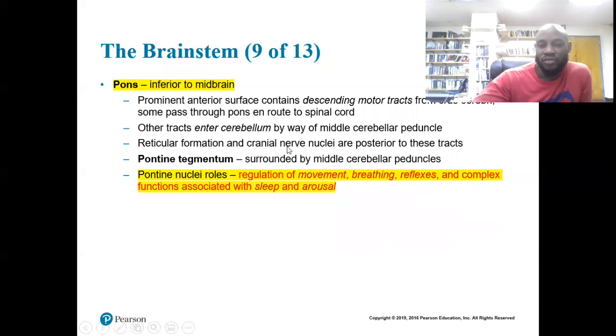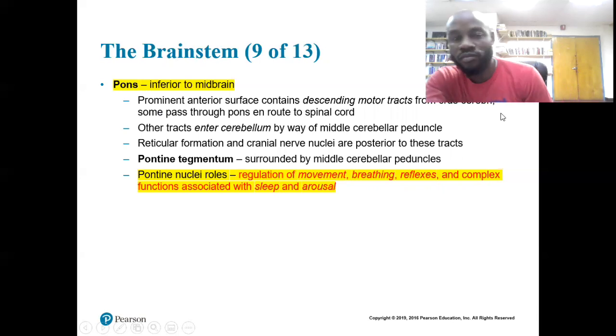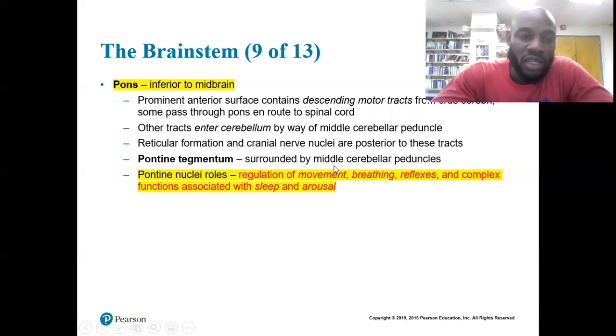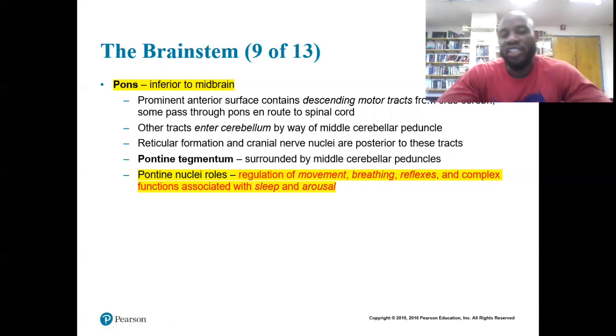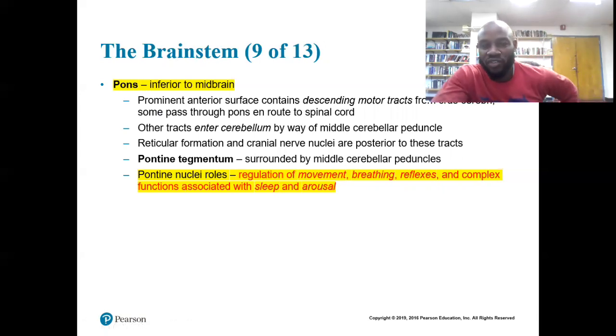Reticular formation and cranial nerve nuclei are posterior to these tracts. And then at the bottom here, the pontine nuclei. You have regulation of movement, once again, breathing, reflexes, complex function associated with sleep and arousal in the pons. So see some overlap there.